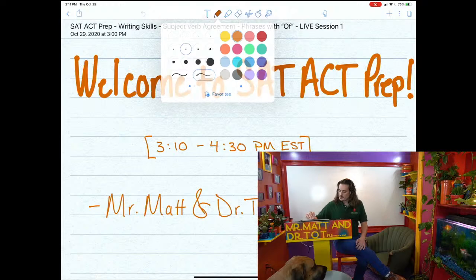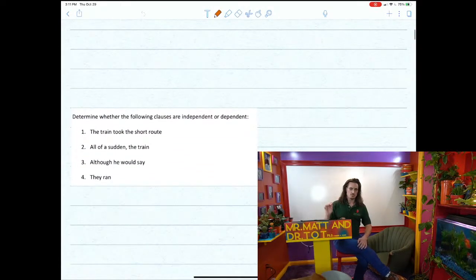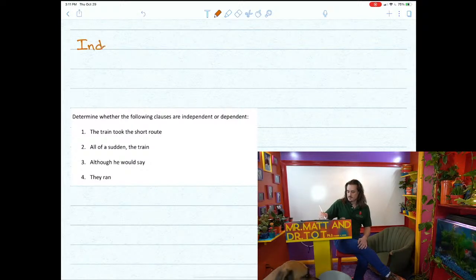Okay, so first of all, I want to just start with a refresher. We went over this in the previous session, but remember that an independent clause can stand on its own as a complete sentence.